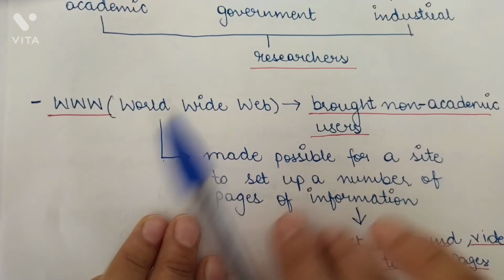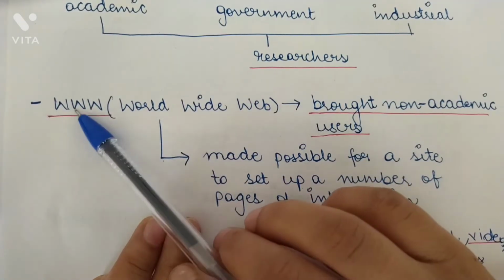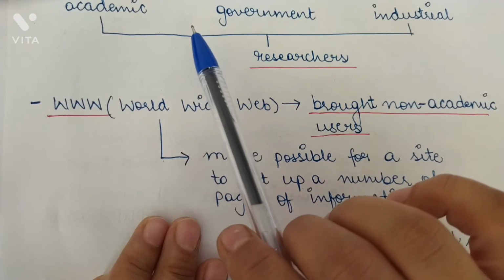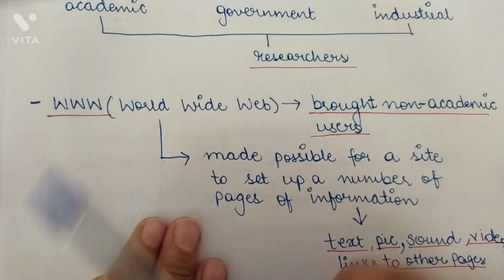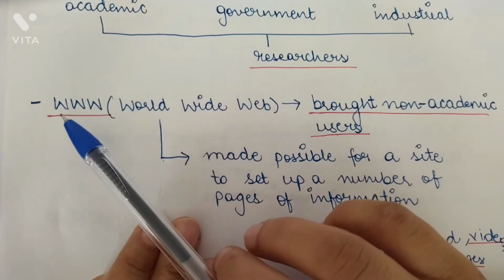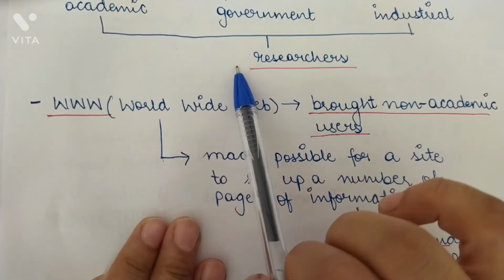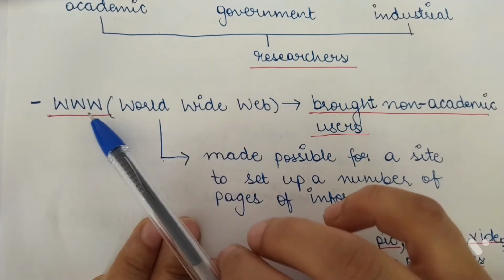But then came the World Wide Web, which you call www. This www is used everywhere, right? Even a layman would tell you what www is. It is the World Wide Web, whether you use www.google.com, www.facebook.com, anything, the World Wide Web is there.